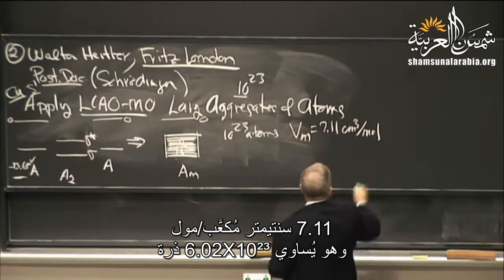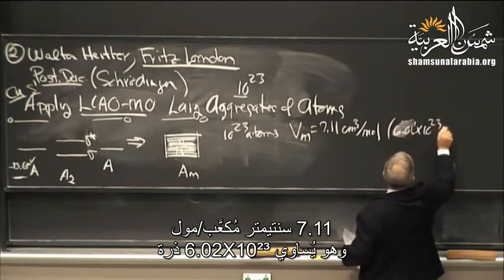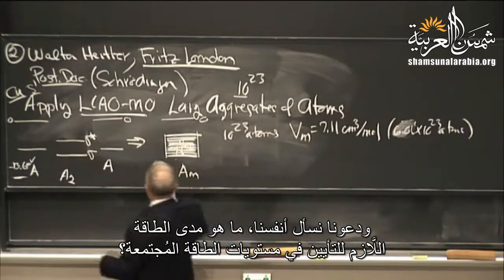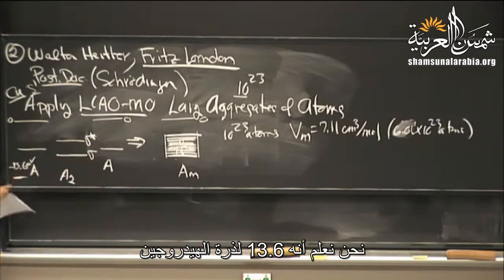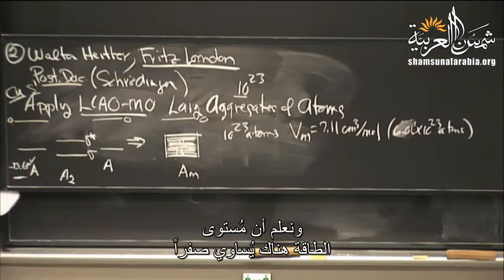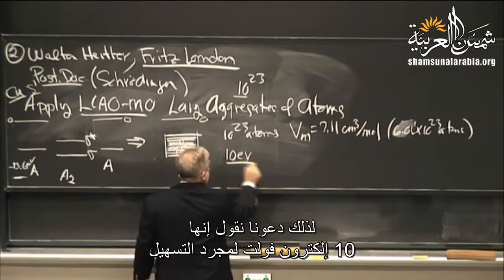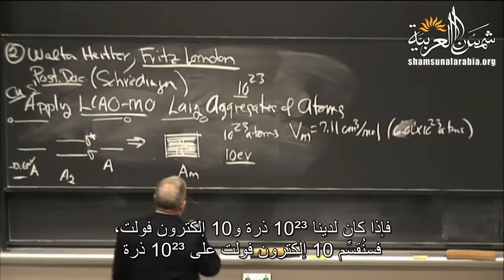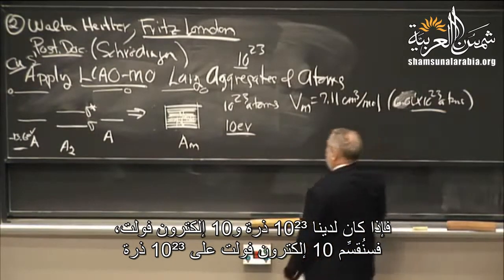All right, and that's actually 6.02 times 10 to the 23rd atoms. And let's just ask ourselves, what's the sort of range here? Well, we know that it's 13.6 here. We know that's 0. We're all friends. So let's call it 10 eV, just for grins, right? Not a bad number.